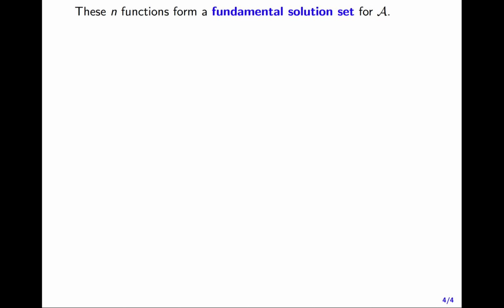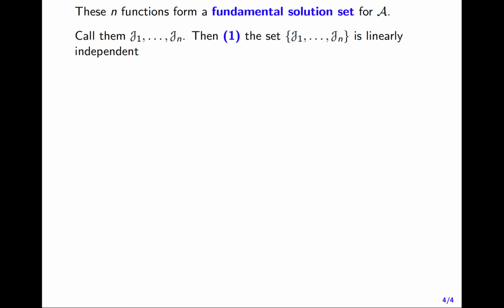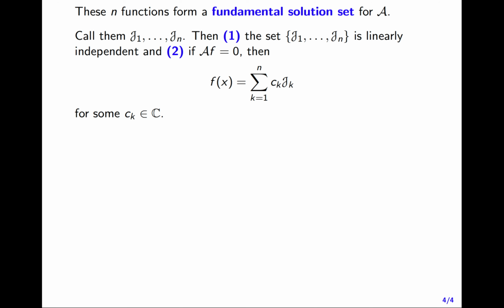And these n functions form a fundamental solution set for the differential operator A, just like in the second order case. If I call these n functions j 1 through j n, just to call them something succinct, first, the set j 1 through j n is linearly independent, and this set spans the kernel of A, in the sense that if A f equals 0, then I must be able to write f of x equals the sum from k equals 1 to n of c k times j k of x for some constants c k.